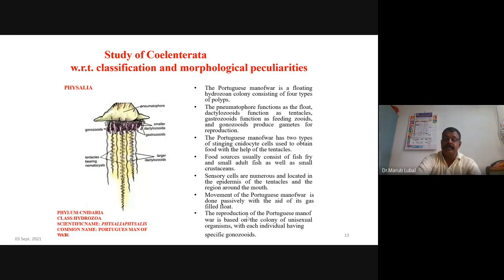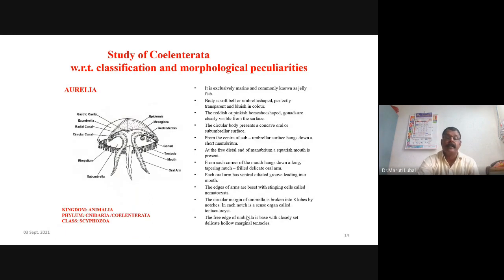Movement of the Portuguese man of war is done passively with the aid of its gas-filled float. Its reproduction is based on a colony of unisexual organisms, with each individual having specific gonozoids.